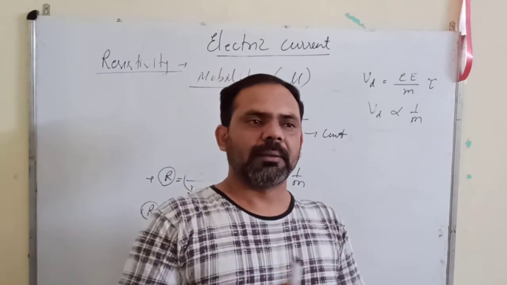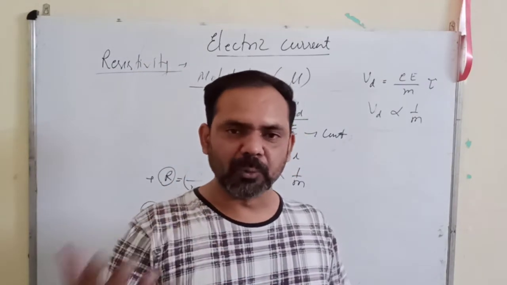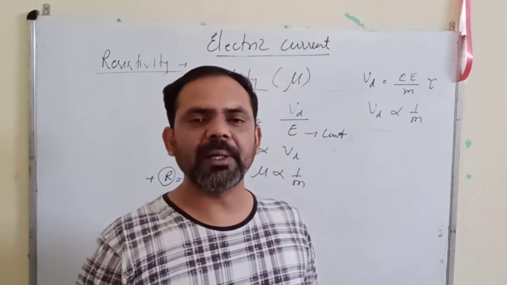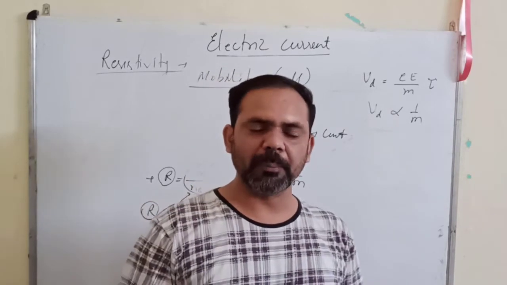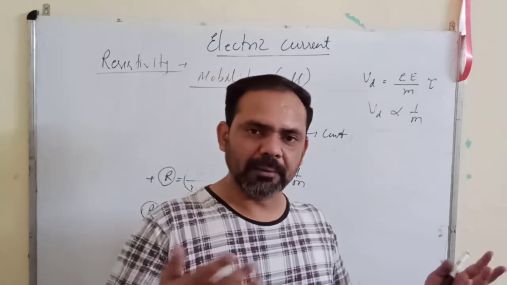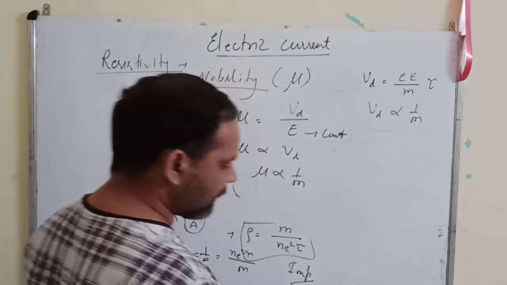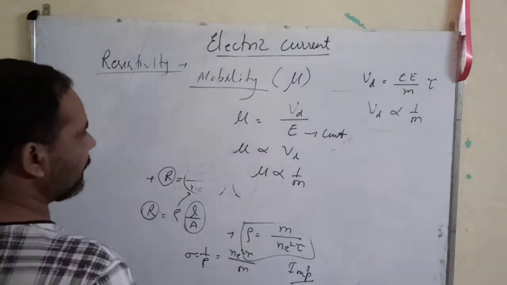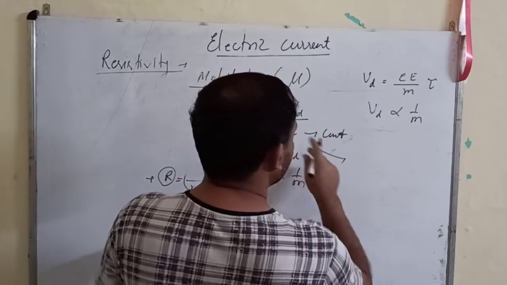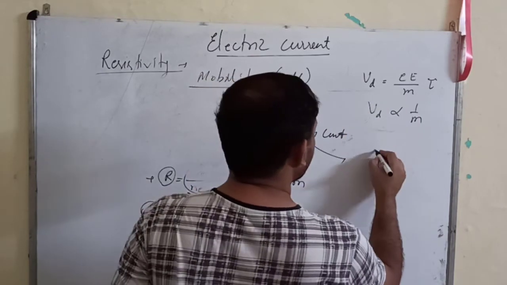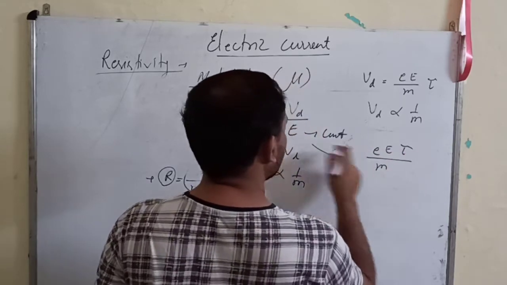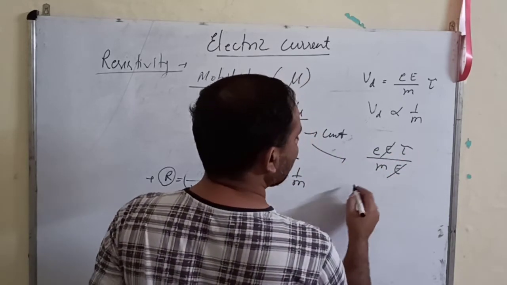That's why electrons can easily move from one point to another, and protons have very small mobility. They have low mobility and they cannot move as fast as electrons. So this is called mobility, and for the expression you can use this formula here: E tau upon m into E. Both E will get cancelled.